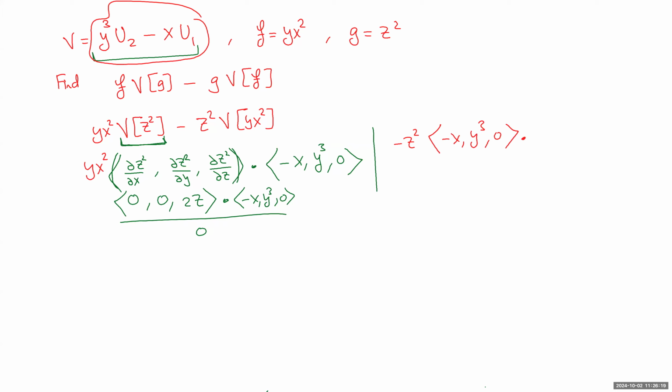And we dot that with y x squared, what we derive. So here it's going to be 2xy. Then you derive it with respect to y, so it's x squared, 0. And you just combine these up. So it's negative 2x squared y plus y cubed x squared. Multiply that with negative z squared. And that's what we do.